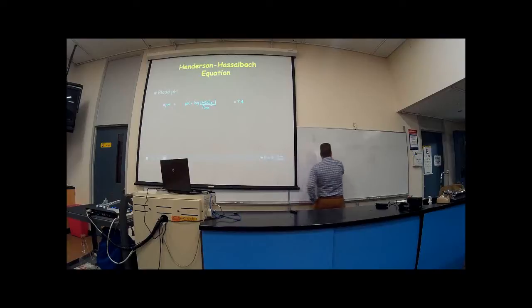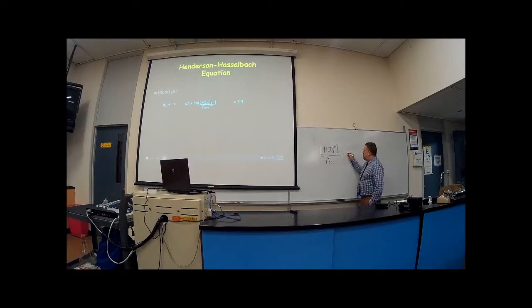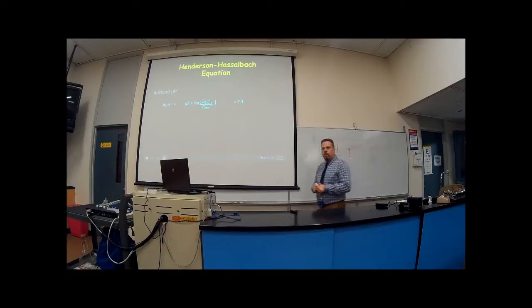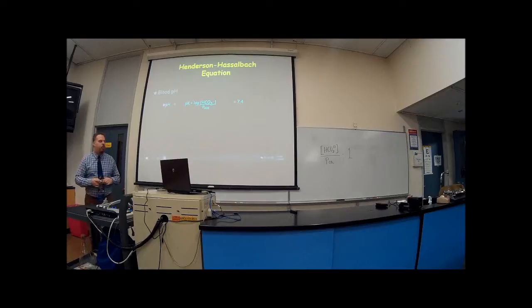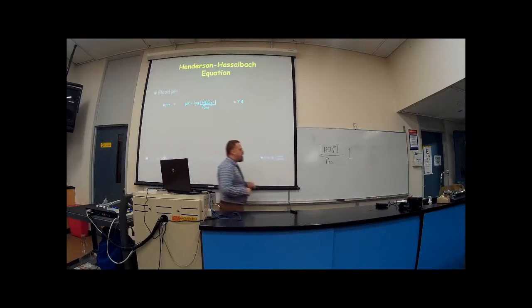Meaning that if I have the concentration of bicarb over partial pressure of CO2, this is equal to 1. Okay? This is not a math course. I'm not going to go into what log means, but that's what we're saying, that this equals 1. You're on the same page with me?